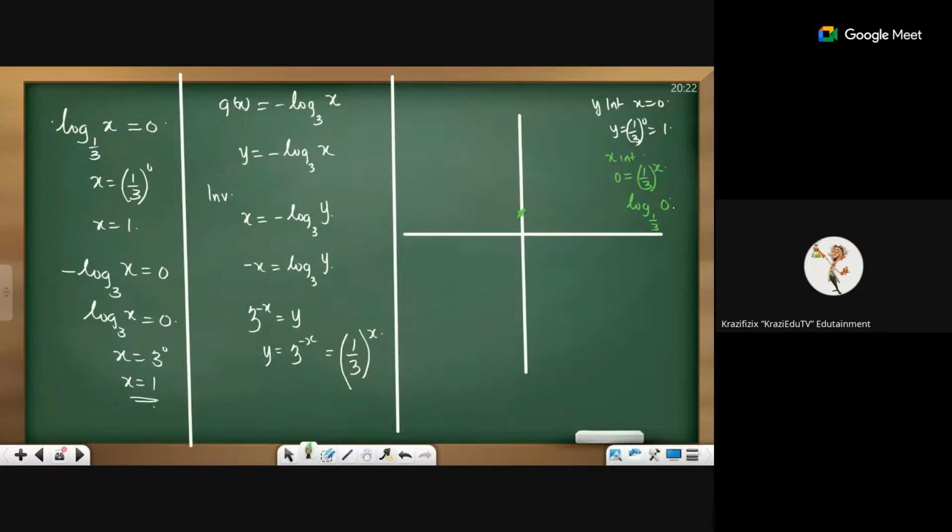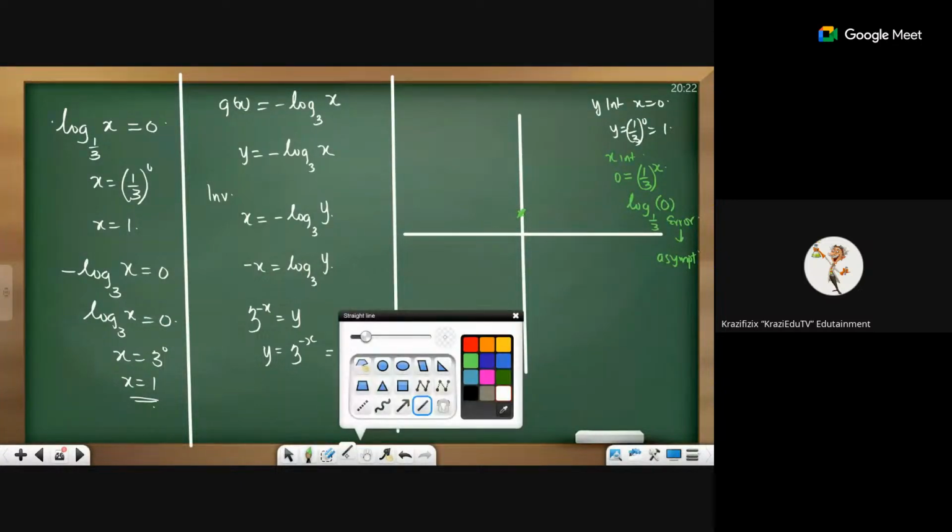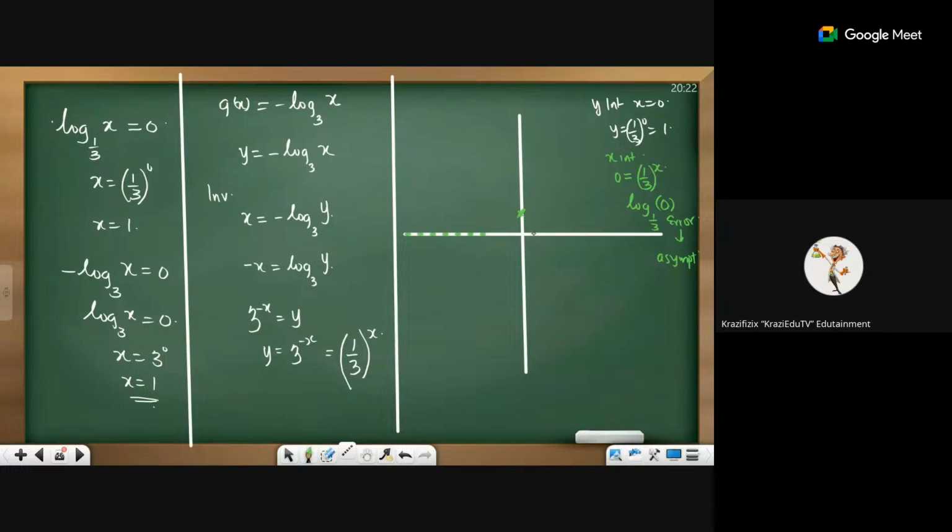This thing can never be 0. So what is this? What does my error tell me? Asymptote. So we are saying there is no x-intercept. So it means the x-axis is my asymptote.